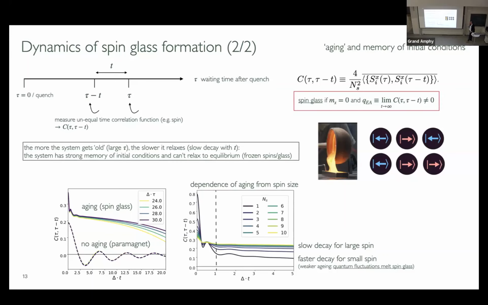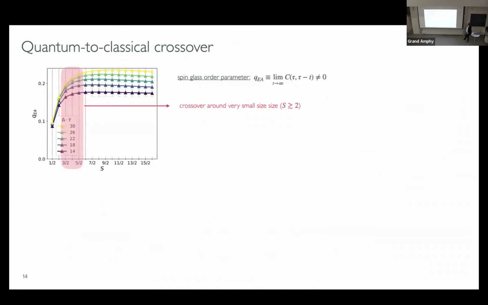So you have a slow decay for large spin, and you have faster decay for small spin. So actually fluctuations here are somehow weakening aging or fighting against spin glass order, which perhaps makes sense, right, in a picture of tunneling between the minima that I was giving you at the beginning. So we are now in a position to answer our question.